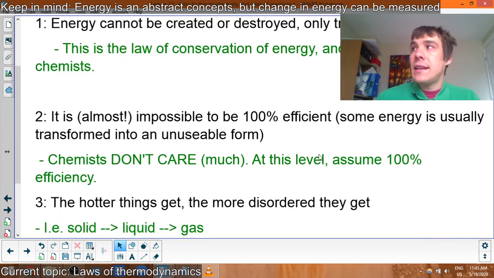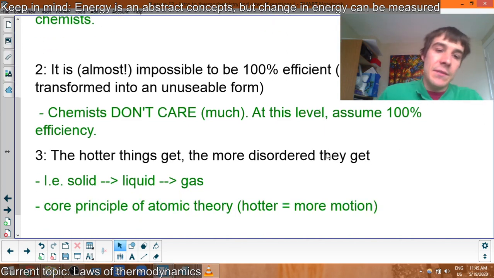The second law is that it's almost impossible to be 100% efficient, that you always lose some energy as heat, as some kind of unusable form. We don't really care that much about this one in our branch of chemistry, at this intro to thermochemistry. Talking about heat loss is kind of annoying, so we're just going to assume 100% efficiency. Later, you'll talk about heat loss if you ever take analytical chemistry and thermochemistry in university.